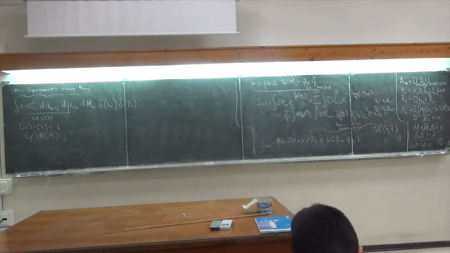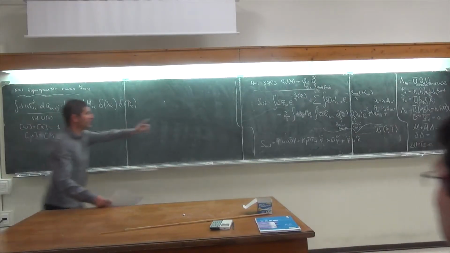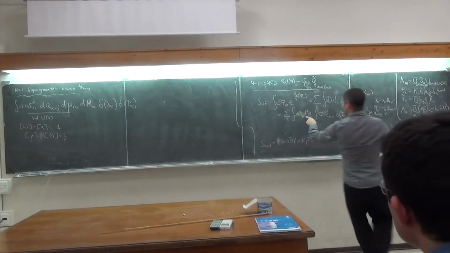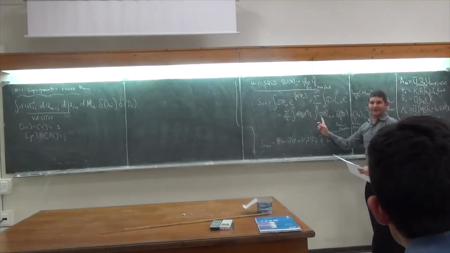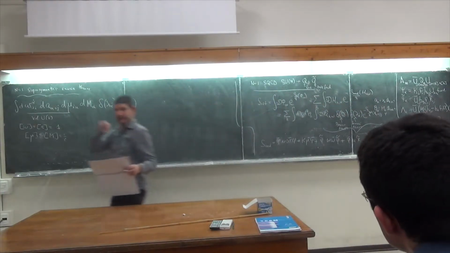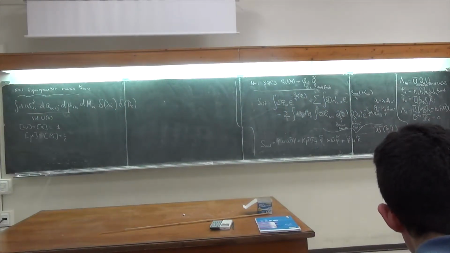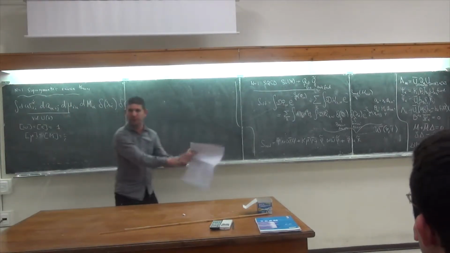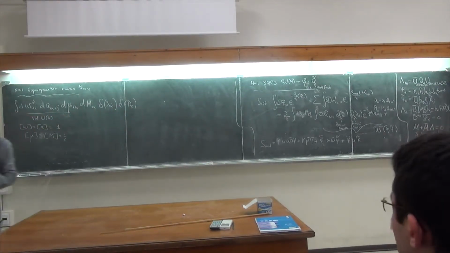Could you please repeat why we get only a contribution to the superpotential from the instanton effective action? Because we have just d2 theta here. You see, we don't have d2 theta bar. If we found a zero mode which is theta squared or theta bar squared, this would be a contribution to the Kähler potential. The instantons are nice because they just give a contribution to the superpotential. It's very important.